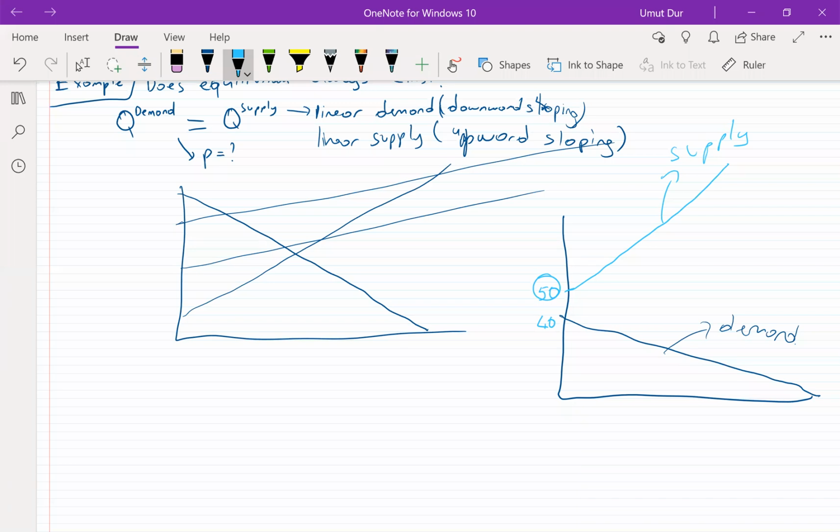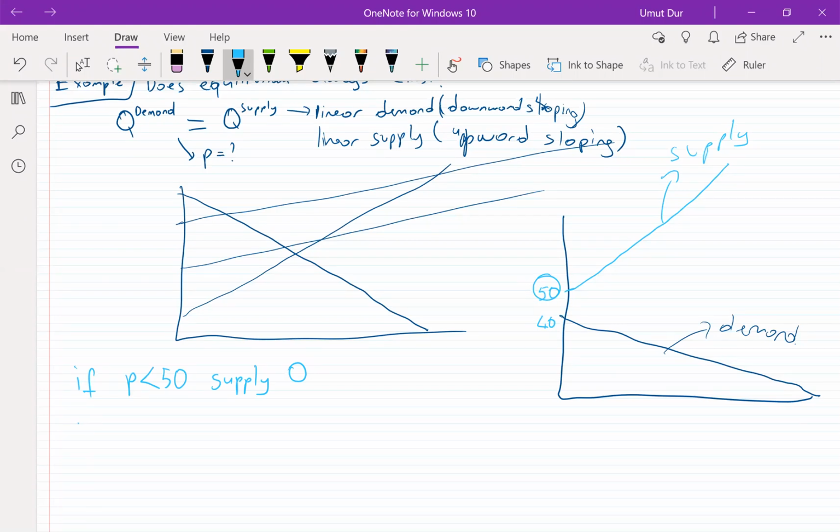From my writing it may be misleading, but if the price is below 50, the suppliers would like to supply 0. If P is less than 50, supply will be 0, right? What about the demand, for the customers?